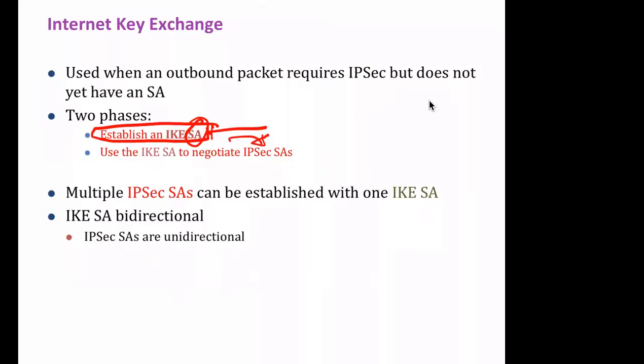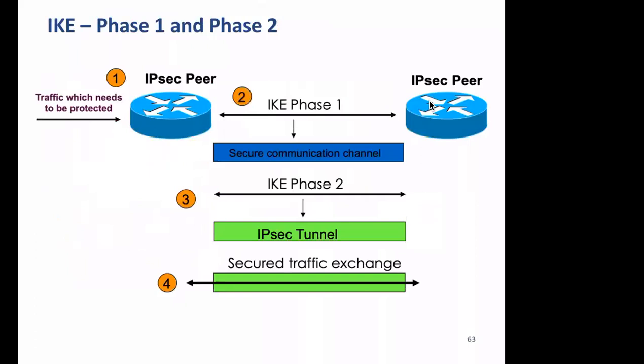You just understand that we are trying to create first a secure channel in phase one, and on that we can create session-wise IPSec security associations. So in this diagram, don't go into too much detail. I just want to give you basic concepts, and the details, of course, you will have to find out if you are interested.